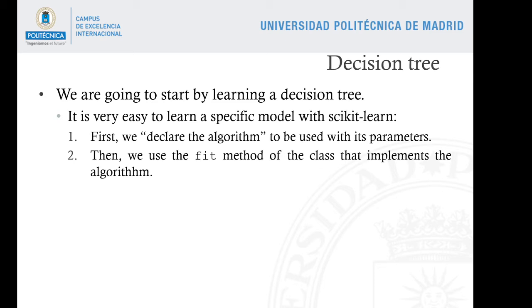First of all, we are going to start by learning a decision tree. How to learn a decision tree is very, very easy. All we have to do is declare the algorithm that we are going to use, even if it is a decision tree, an SVM, a random forest, a KNN, or whatever. Then we call the method fit with the training dataset.